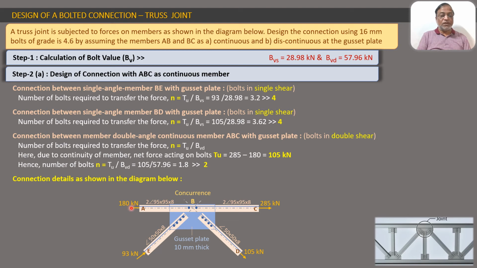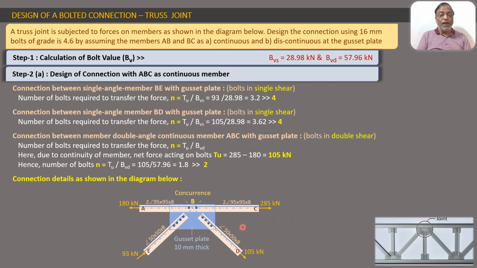Now we come to this last. This is ABC. Now connection between member double angle. This is a double angle member, continuous. We are designing it as continuous ABC with the gusset plate. Now we have to understand certain points here. This is a continuous member and a force of 180 kilonewton is acting from this side and force of 285 is acting on this side.